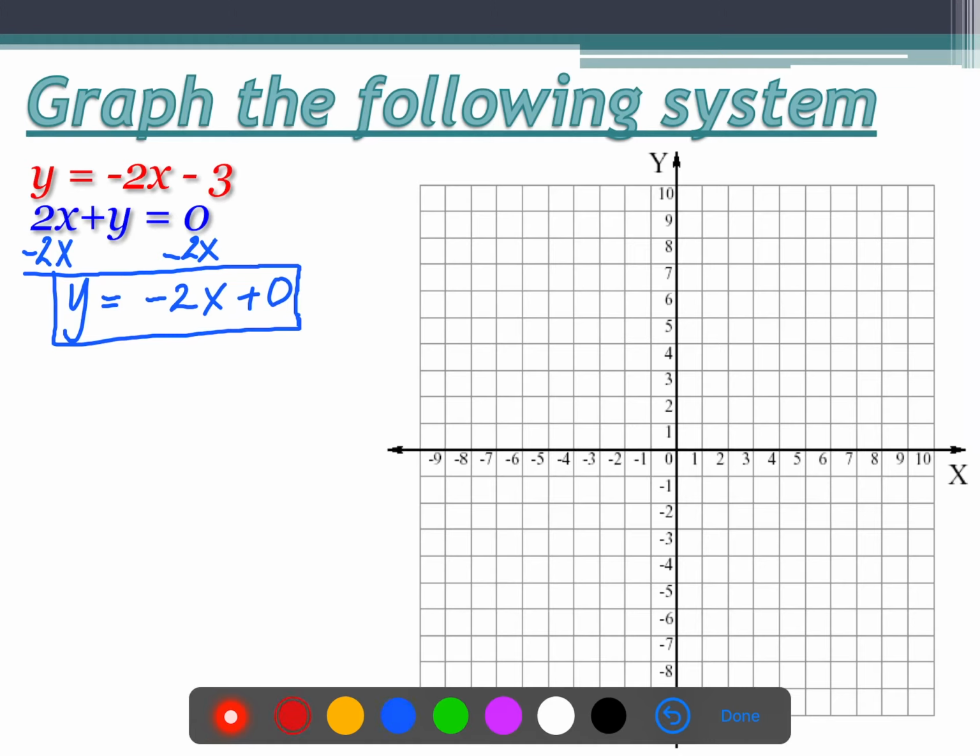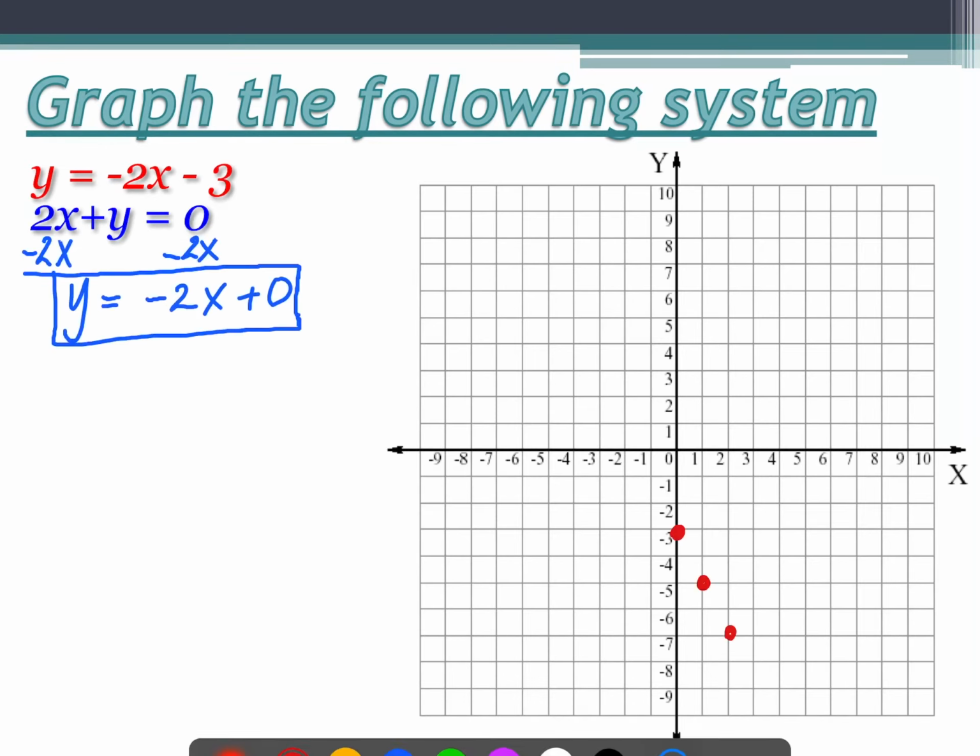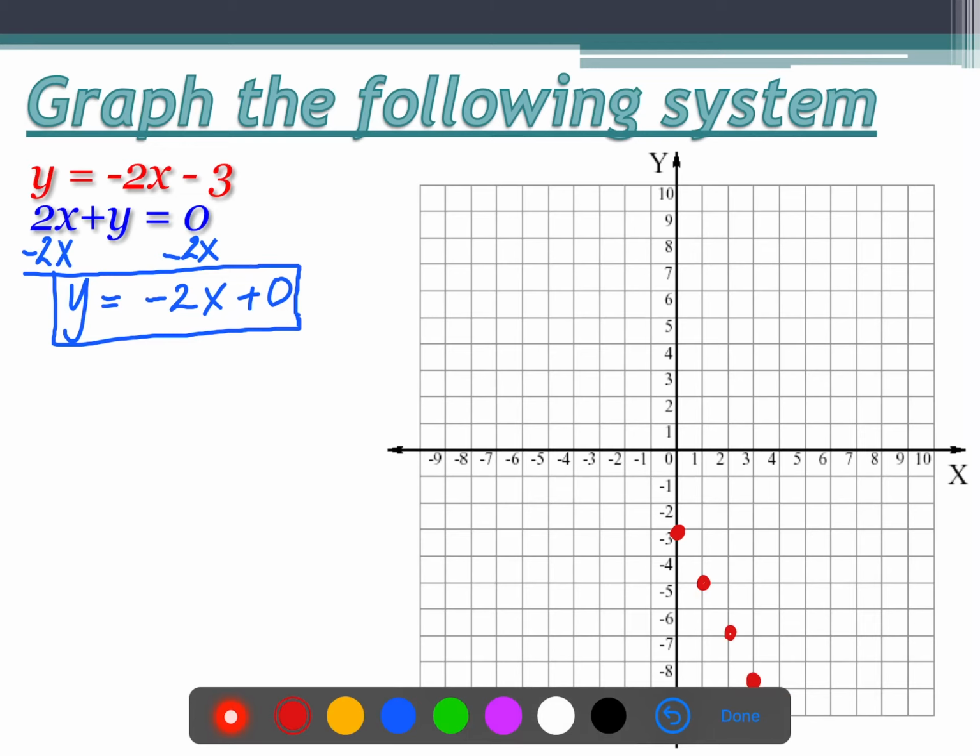All right, so my first line begins at negative 3, and I'm going down 2 over 1, or up 2 and left 1. All right, and I'm going to connect.